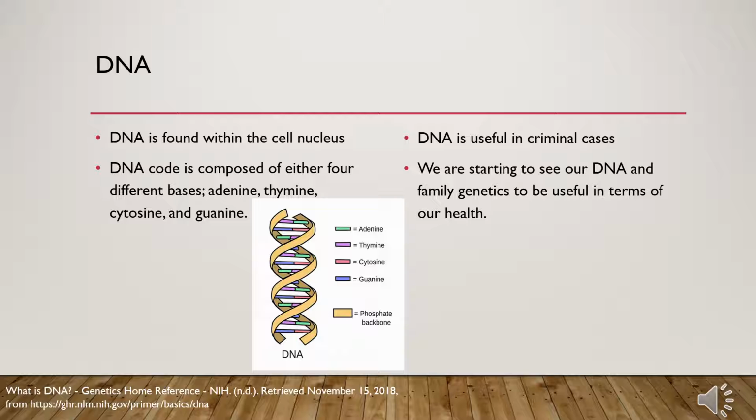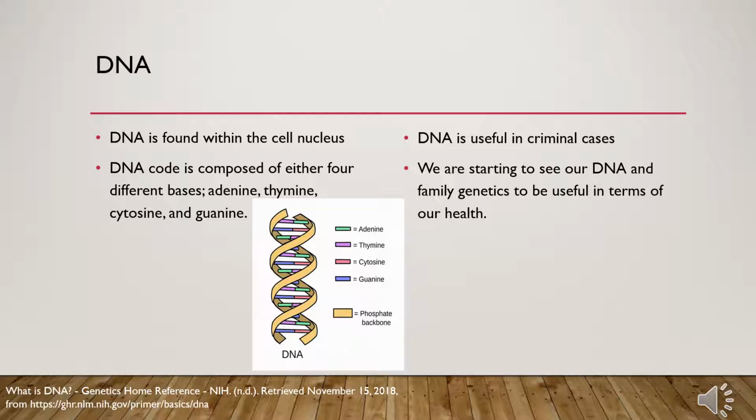And each code is composed of 4 different bases, and the bases are adenine, thymine, cytosine, and guanine. We see in the example photo at the bottom a sample of DNA, with each base paired up with a color. And within the DNA sample, we see the mix and match pairings of a base with another base. This is a great example to show what's going on inside our cells.